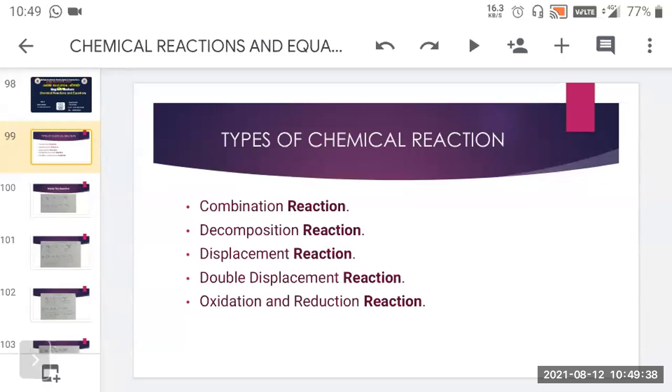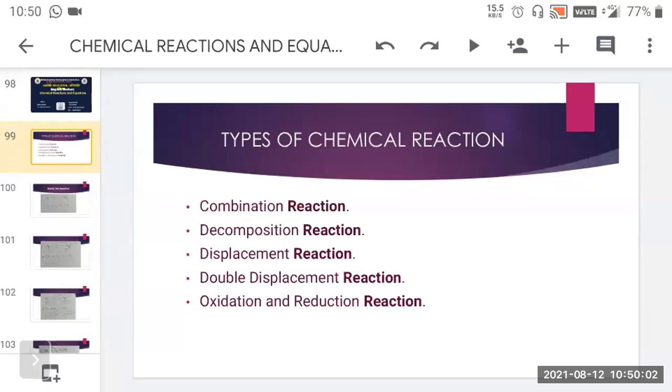The element present in the compound, whether a metal or a non-metal, should have low reactivity and it will be replaced by the highly reactive element. Always remember, a metal will only replace a metal and a non-metal will only replace a non-metal.